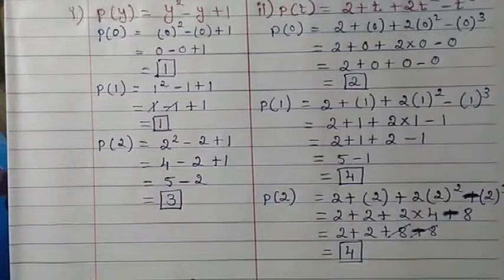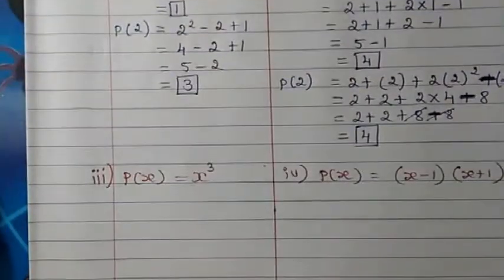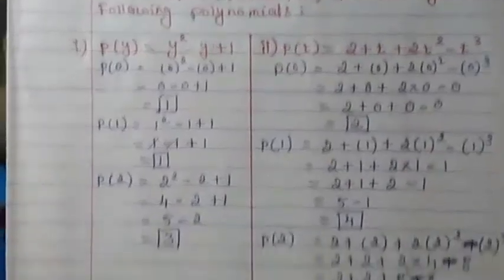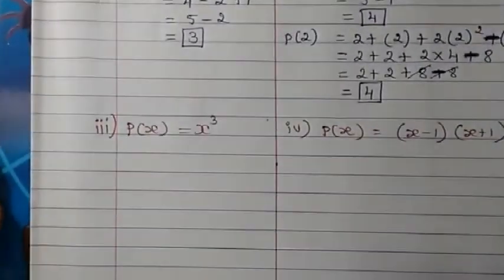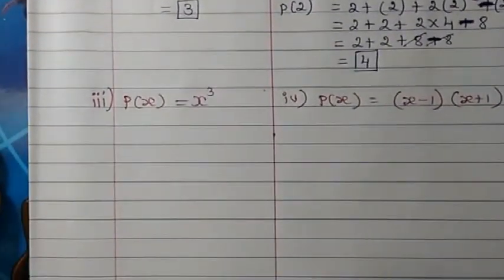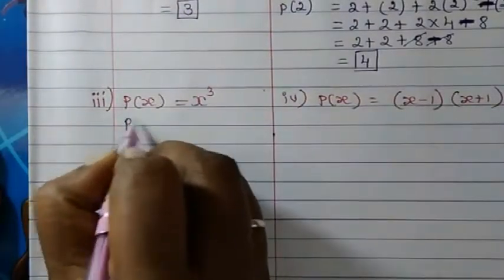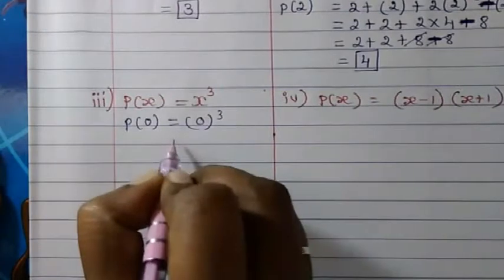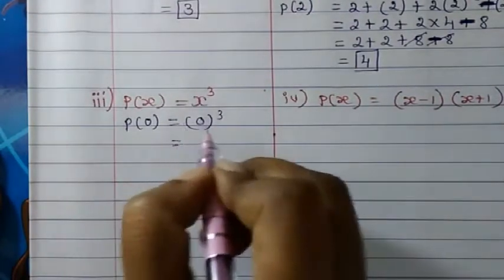Now let's see quickly the third one. Here also in the same way we have to put all this, first P of 0, P of 1 and P of 2. Let's put P of 0. In the place of x, 0 cube. So we will get 0.